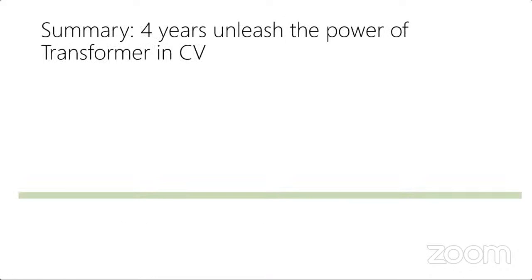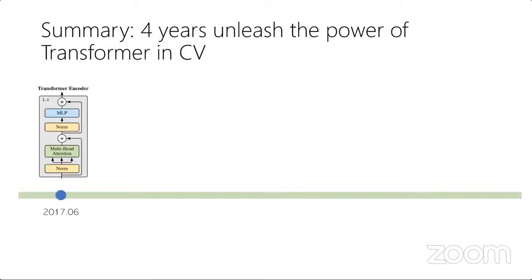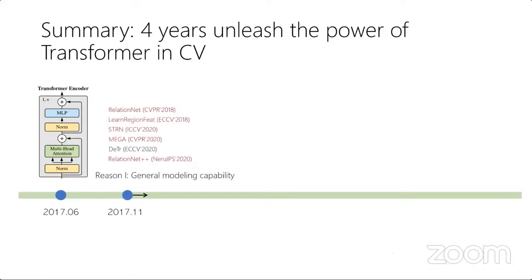Finally, here is a summarization of this talk. Since the invention of transformer in the NLP field 4 years ago, it has quickly dominated the NLP field in architecture design. In computer vision, the power of transformer was gradually unleashed during the last 4 years by exploiting 5 merits of transformers. The first merit lies in the general modeling capability.